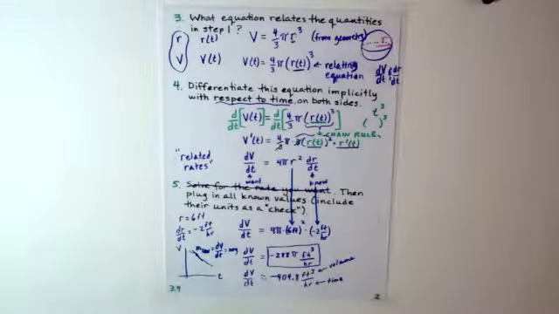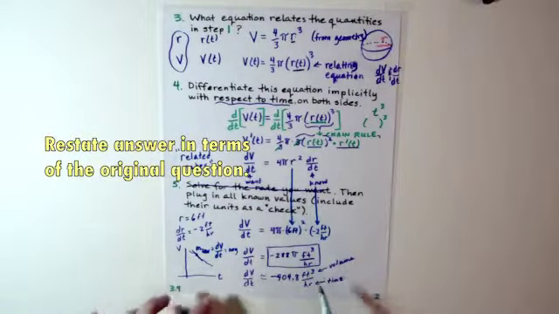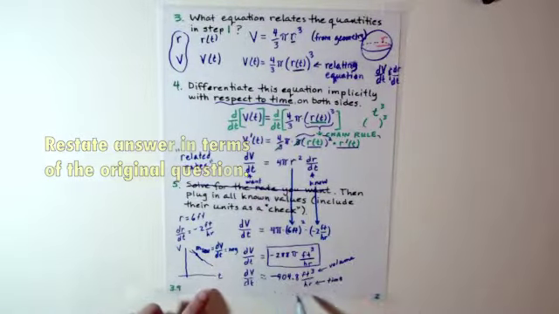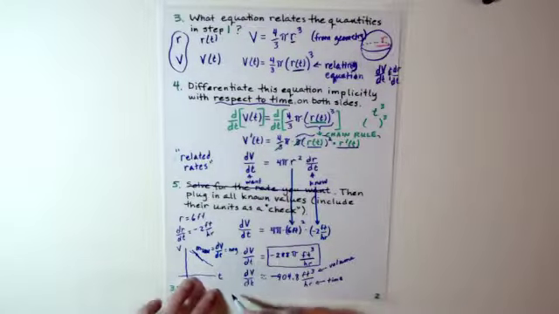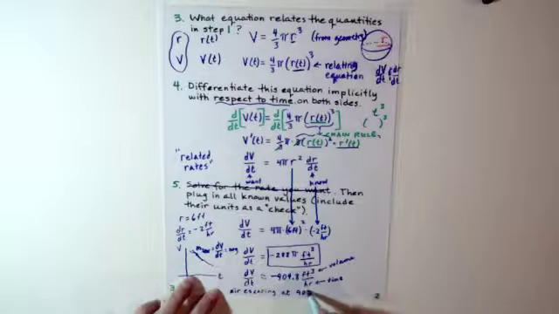Now technically I'll just mention that the way that the problem was originally stated, it said how fast is air escaping. This is how fast the volume of the balloon is changing. It's decreasing at that rate, and air is really escaping at the positive rate of 904.8 cubic feet.